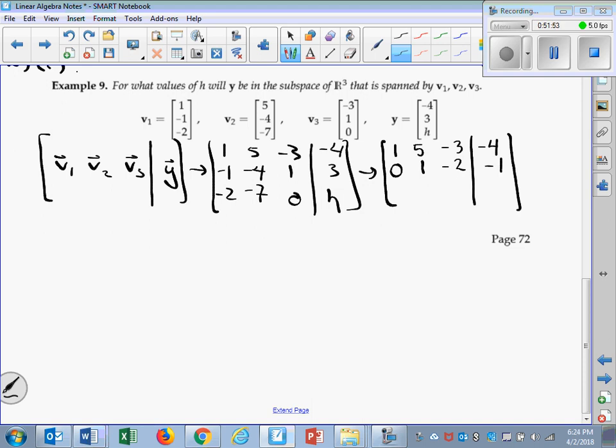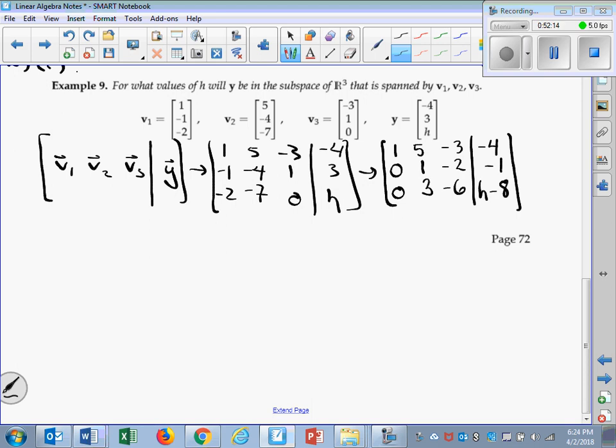Now for the last row, if I add 2 of the first row, it's going to be 0. 10 minus 7 is 3. -6 plus 0 is -6. And h plus 2 times -4, so that's going to be h minus 8 there.